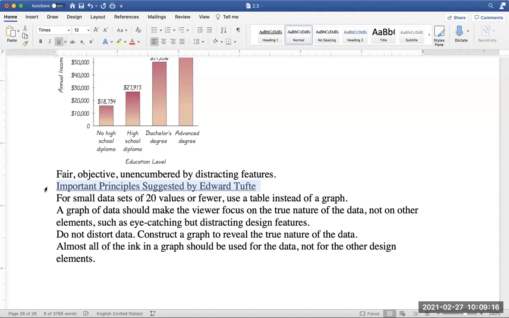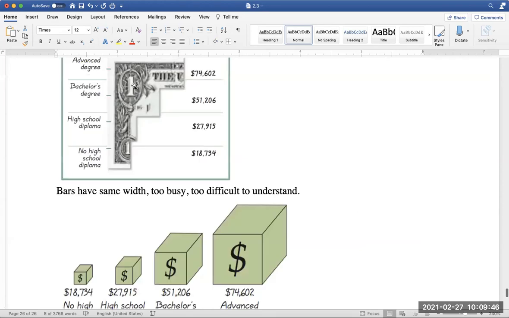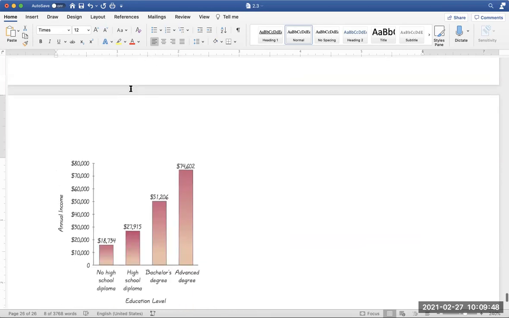So, principles that you should follow. For small sets of data, meaning 20 or fewer, use a table instead of a graph. So you should not use a graph if you don't have enough data. Use tables instead. The graph of the data should make the viewer focus on the true nature of the data, not on elements such as eye-catching but distracting design features. Such as this, where you're looking at this guy rather than everything else.